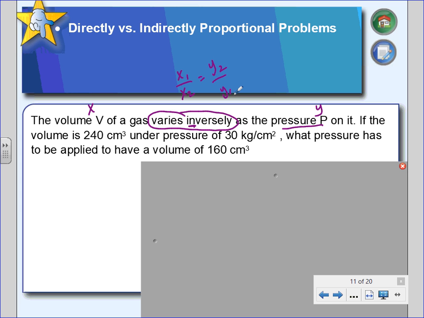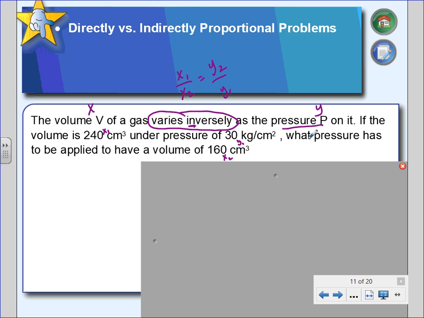Okay, so if the volume is 240, that means that's your x, under pressure of 30 kilograms per centimeter squared, that's your y. Then what pressure has to be applied to have a volume of 160? So this is our second x, because it's our second volume, and this was y1.